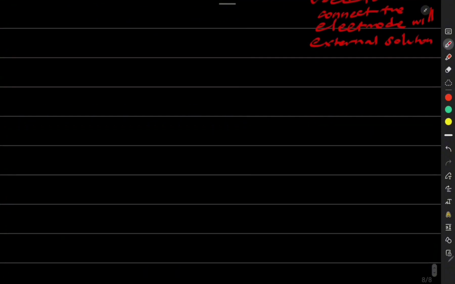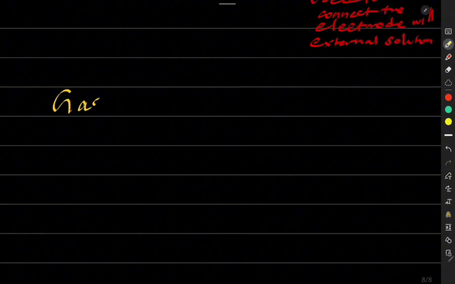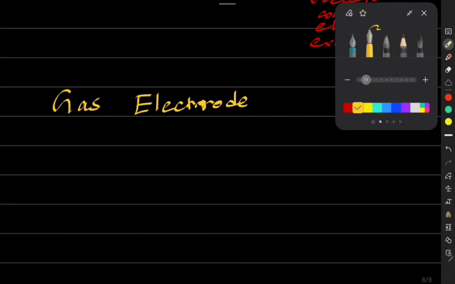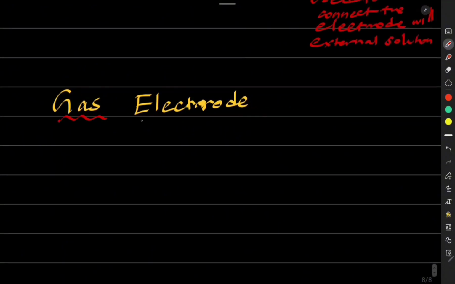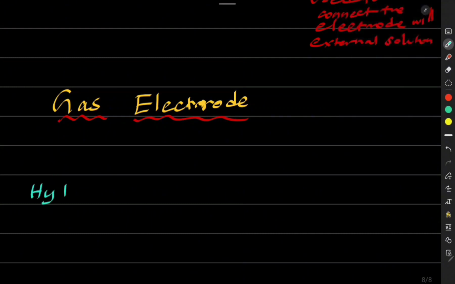The next part we have is the gas electrode. In our syllabus, we have two electrodes. First, the hydrogen electrode, which we already learned.